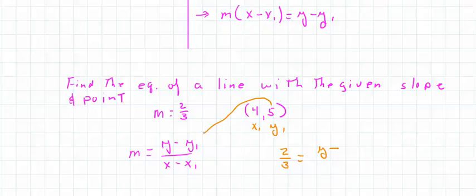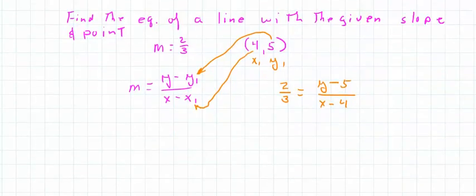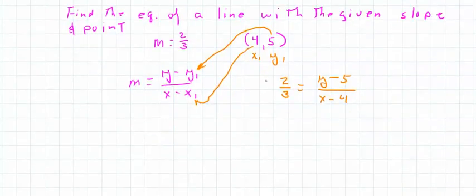This 5 goes right there, over x minus, and the 4 goes right there. And now I just solve. I'm going to multiply both sides by 3. Notice I put the 3 up top, not down below. Use parentheses, and I times it by 3.